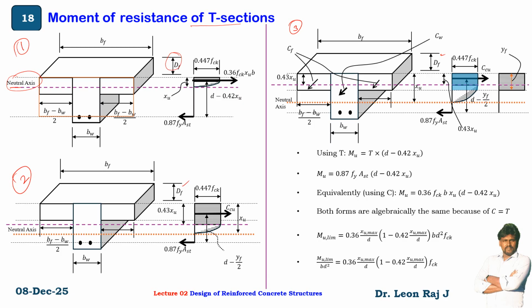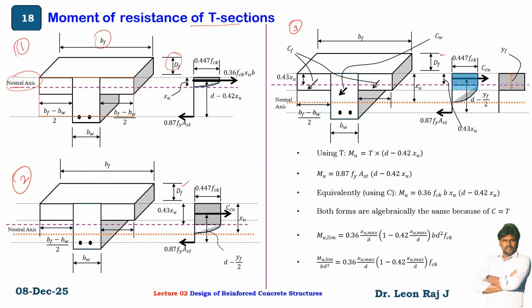Within the depth of the flange, the whole parabolic portion and rectangular portion fall within the flange. So it is just like a beam of width Bf.